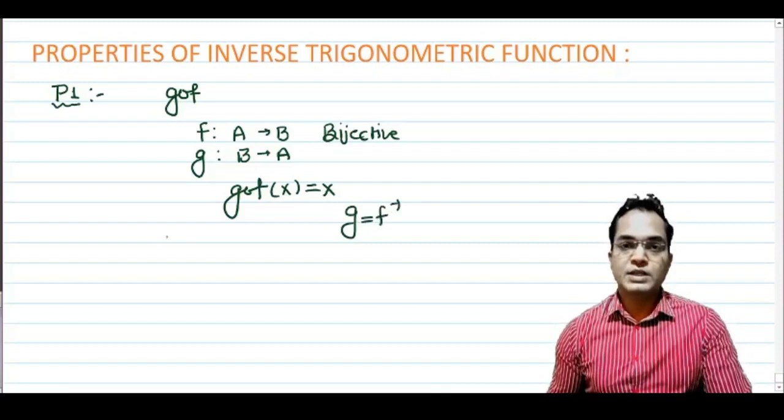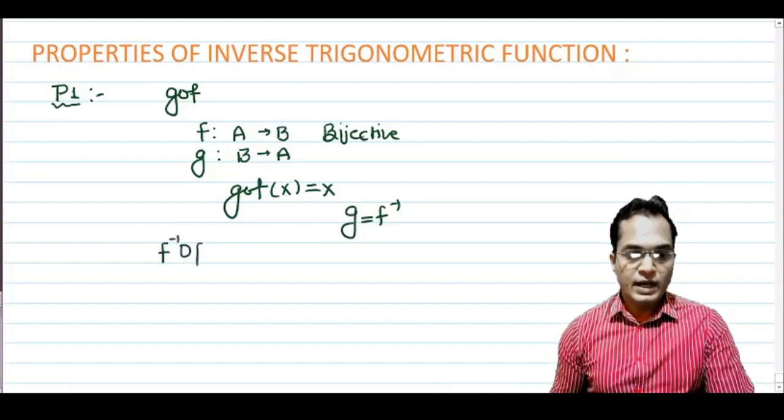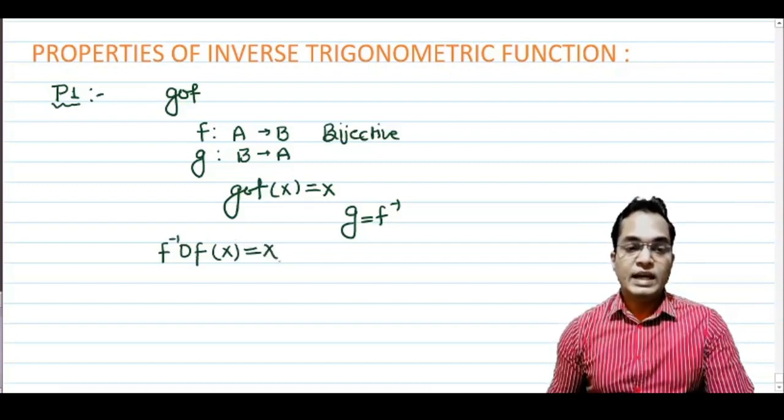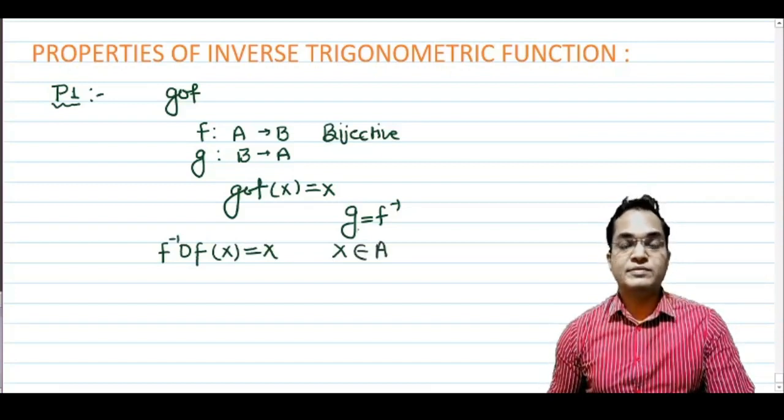That's why we can write f inverse of f of x equals x, and this is valid only when x belongs to the domain of f. It is an important point: f inverse of f of x equals x when x belongs to A.